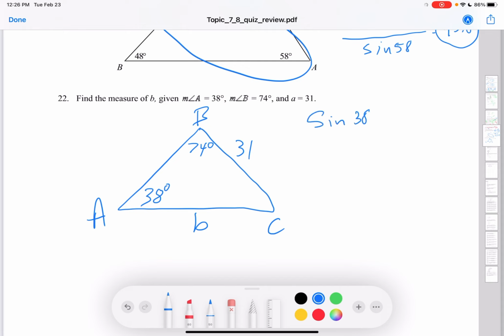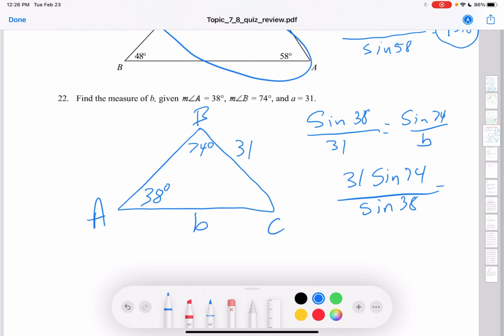Sine of 38 over 31 equals sine of 74 over B. So 31 sine 74 divided by sine 38 gives 48.4.